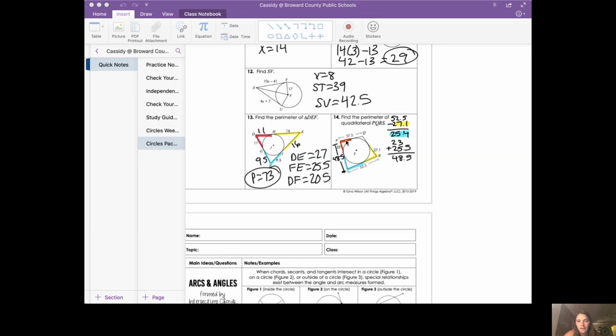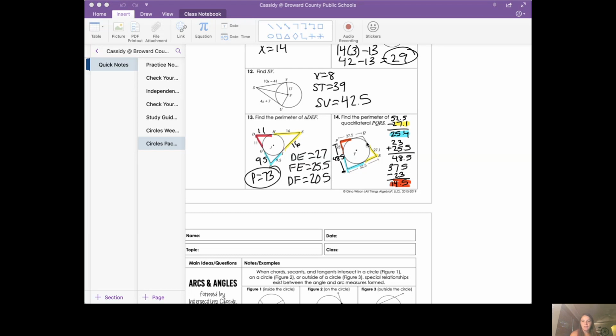So to find the length of red, 37.5 minus 23 gives me 14.5. So that's the red part.